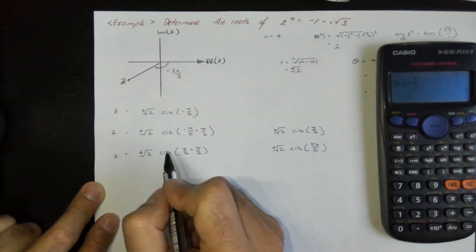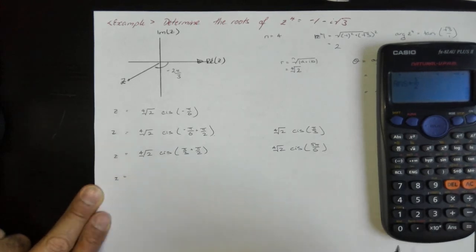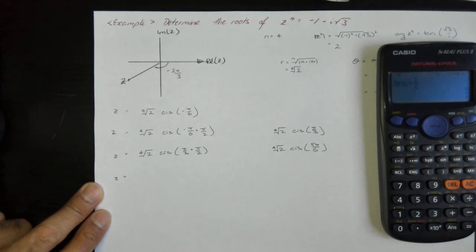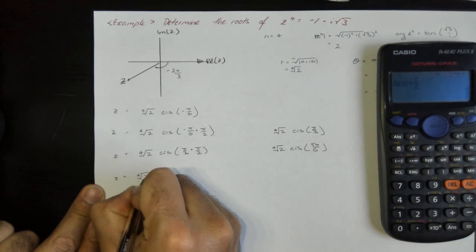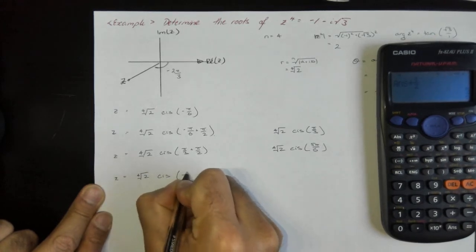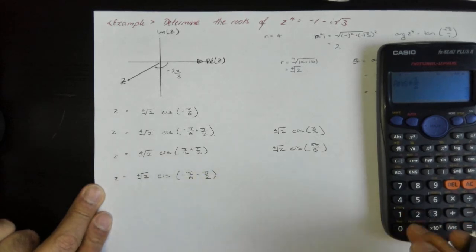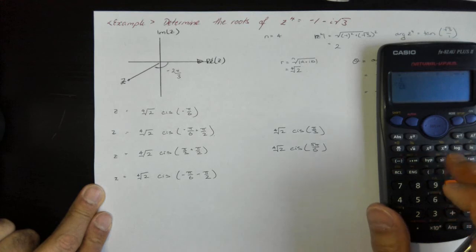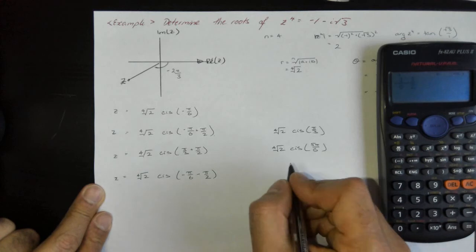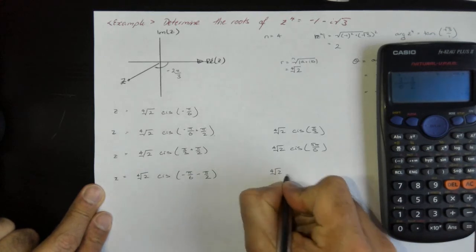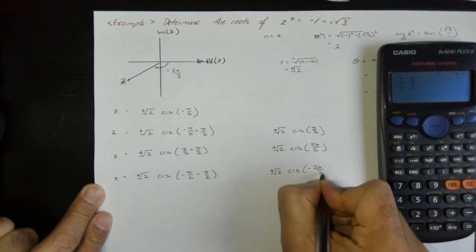The next one's going to jump over. So I might want to do this instead. Subtract it rather than add it. So negative 1/6 plus, minus a half. So negative 2 pi on 3.